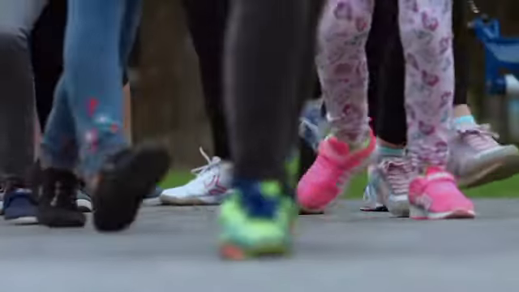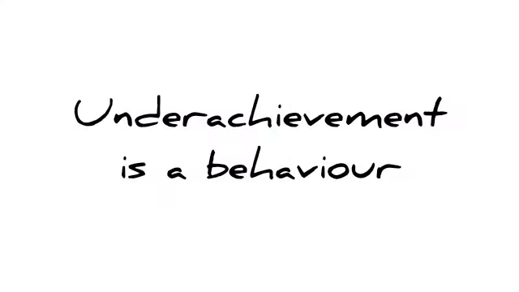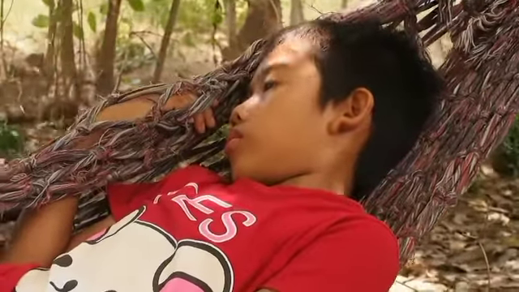First of all, just remember that every student leans towards underachievement at one point or another in their lives. Underachievement is a behavior that comes up as a lack of motivation to excel at certain areas.